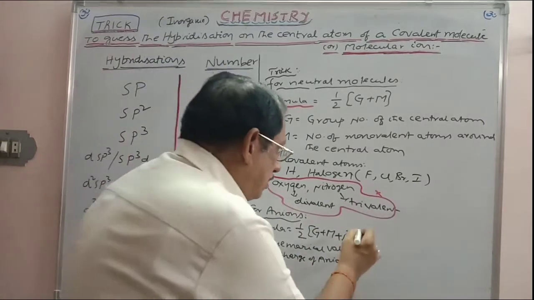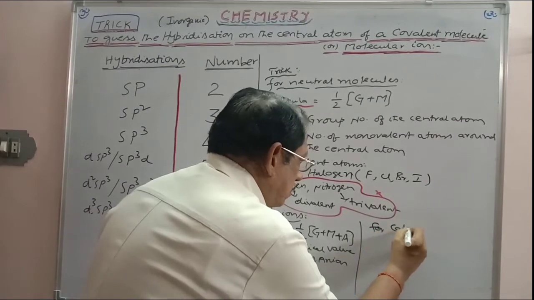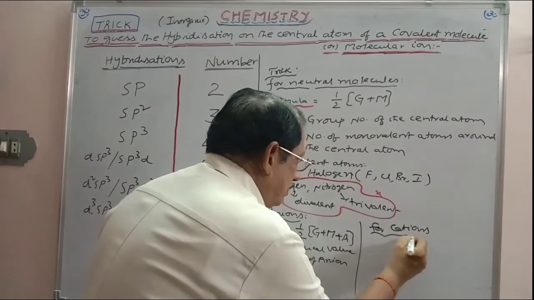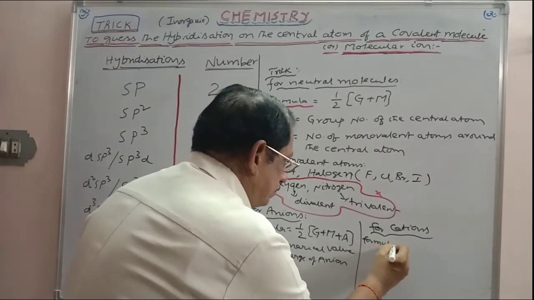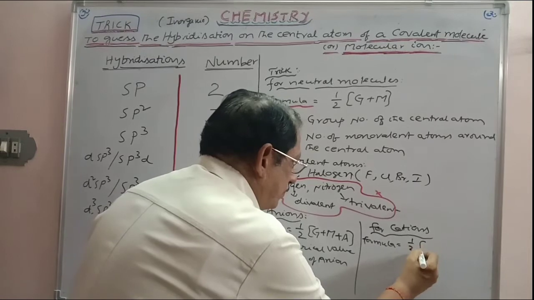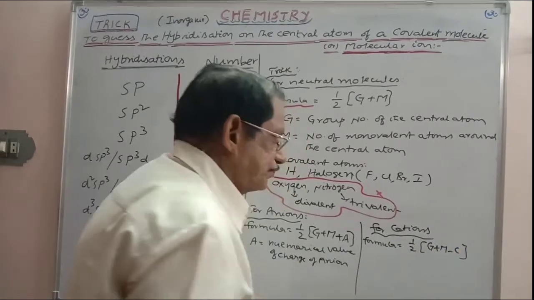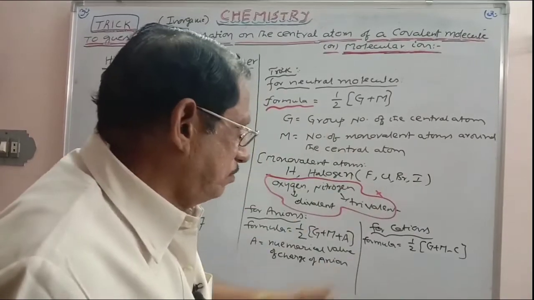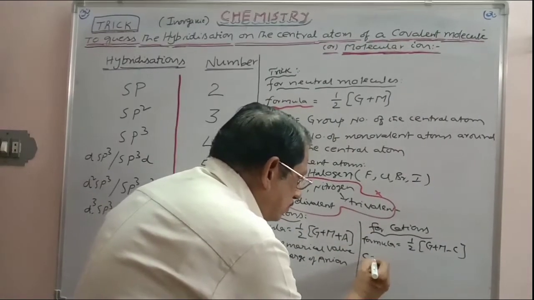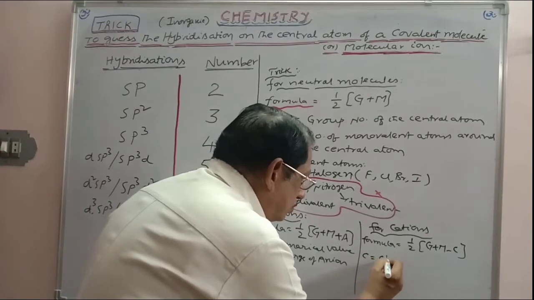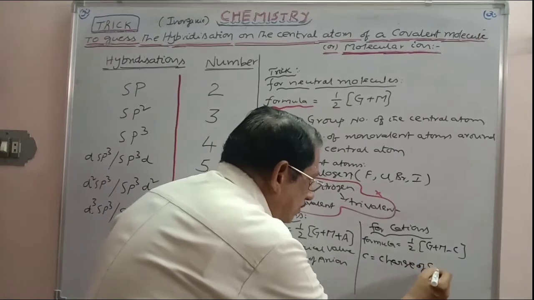Similarly, for cations, the formula is equal to half into G plus M minus C. G is the group number, M is the number of monovalent atoms, where C is equal to the numerical value of the charge of the cation.